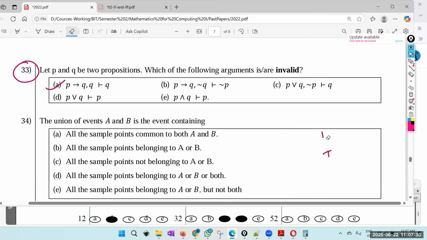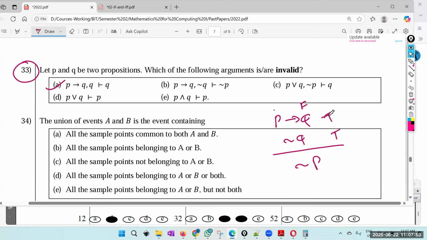Right. So next one. P implies Q, not Q, therefore not P. Right. So we can always take both as true. Start with simple ones. Not Q is true means Q is false. So that means this is false. When this is false, for this to be true, this must be false, because if it is true, this is false.